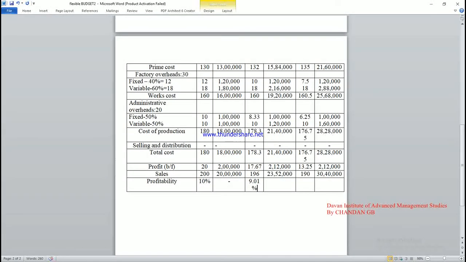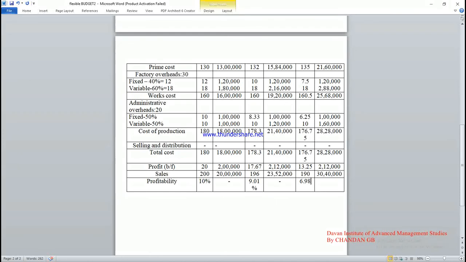Next, for 16,000, again 13.25 divided by 190 into 100, you will get the percent profitability is 6.98. Recurring, sorry, it is coming 6.986. I can round it off to 6.99 or 7 percent.